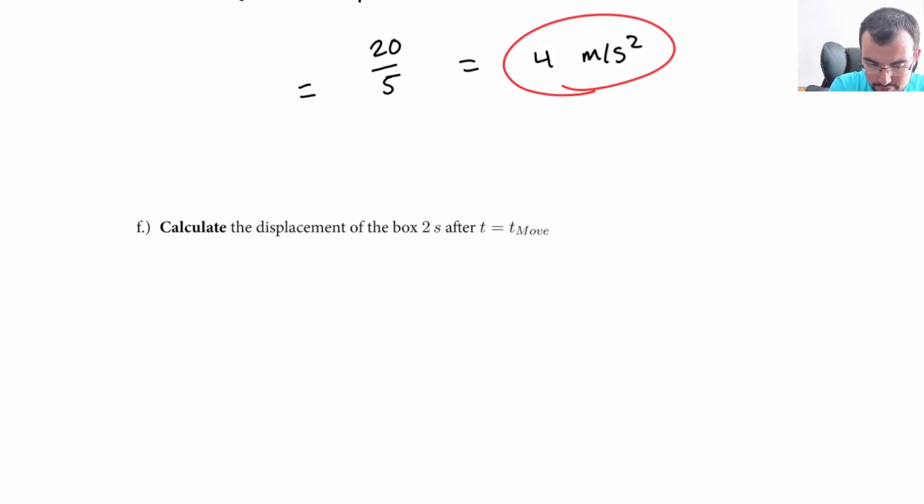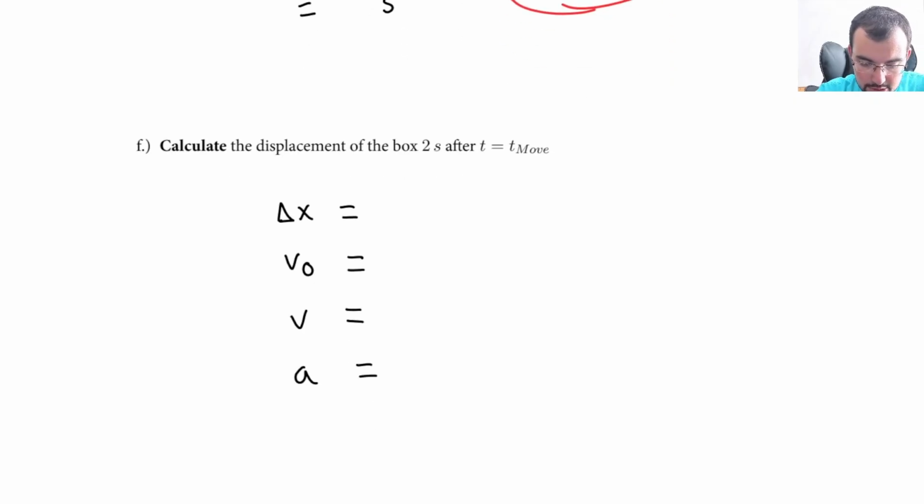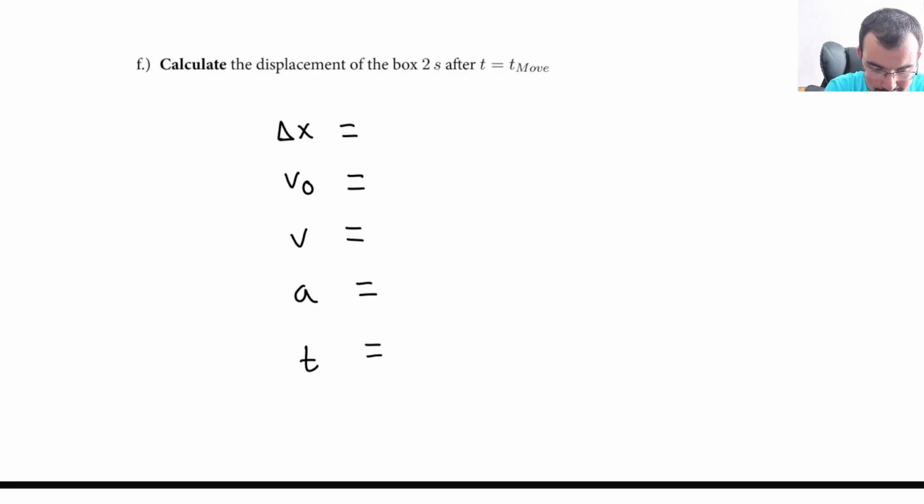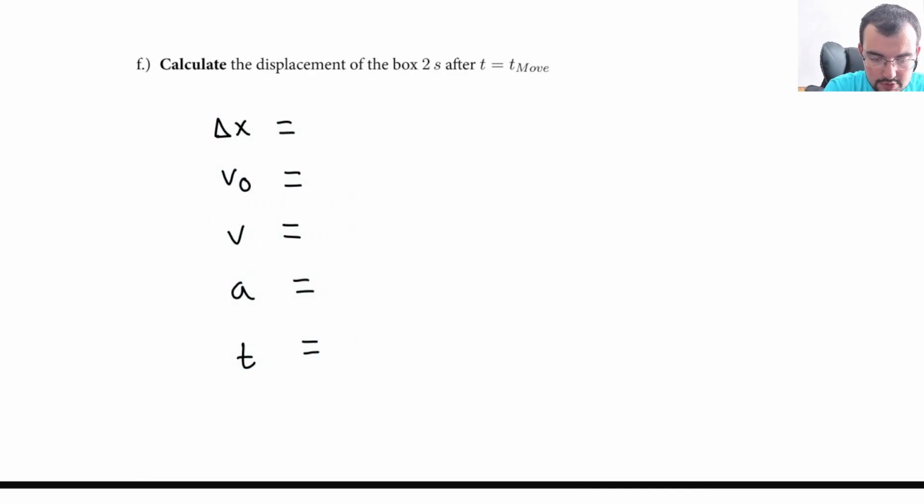So, laundry list. Not how you spell suvat. We'll scoot this over. All right, so we want delta x, 2 seconds after it begins moving. We have its acceleration, and we want it 2 seconds later.